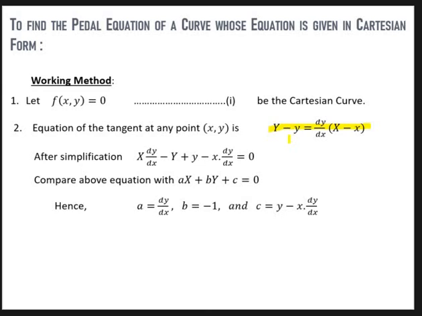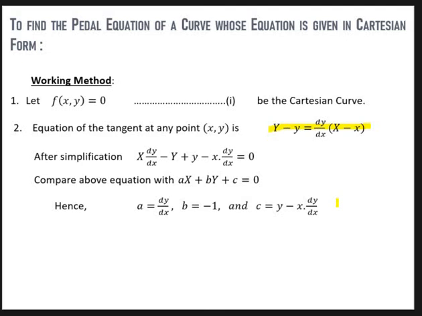Simplifying this equation, we get X into dy by dx minus Y plus y minus x into dy by dx is equal to 0. By comparing this equation with aX plus bY plus c is equal to 0, we get a is equal to dy by dx, b is equal to minus 1, and c is equal to y minus x into dy by dx.